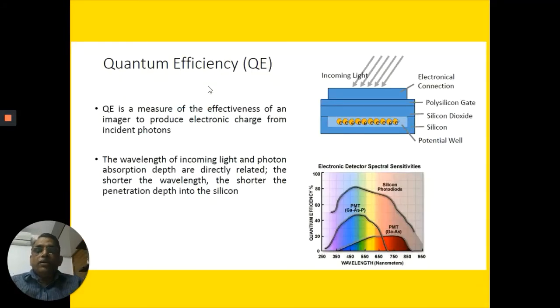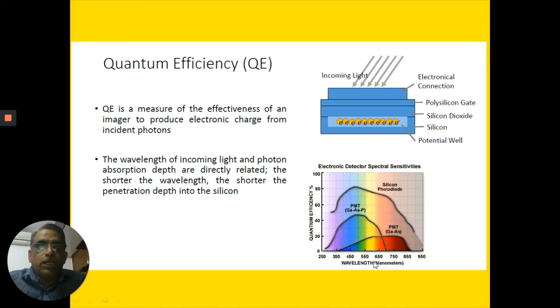Now, an important parameter is sensitivity, which comes from the quantum efficiency of your detector, as I already mentioned in the first point, sensitivity. The second is the spectral response. Depending upon the cathode material that you are using, the spectral response will change. You can have a silicon photodiode covering the UV and visible region, and a PMT based on gallium arsenide phosphide covering UV and visible, whereas a PMT using gallium arsenide is a little far from the UV and covers the entire visible region.